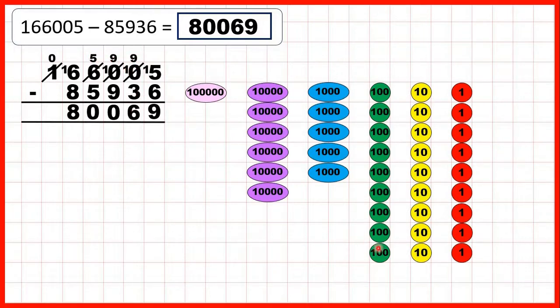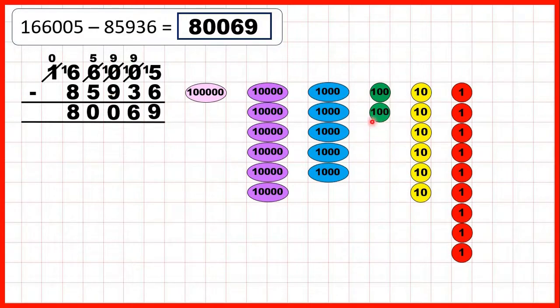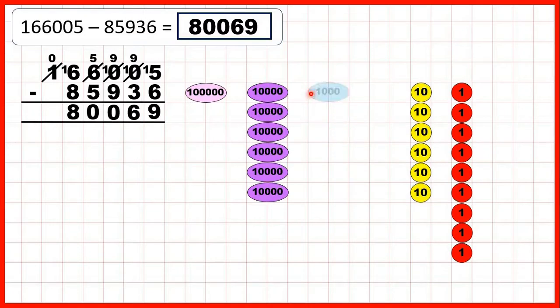So then we subtracted 3 tens to give us 6 tens in our answer. We subtracted all 9 of our hundreds, and that meant the hundreds digit of our answer was a 0. Then we subtracted 5 from our 5 thousands, and that meant we had 0 as the thousands digit of our answer as well. Now we needed to subtract 8 10,000s.